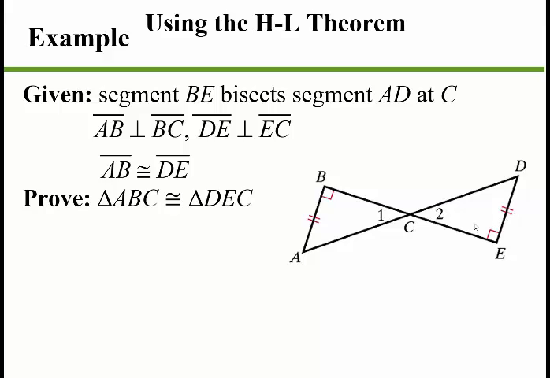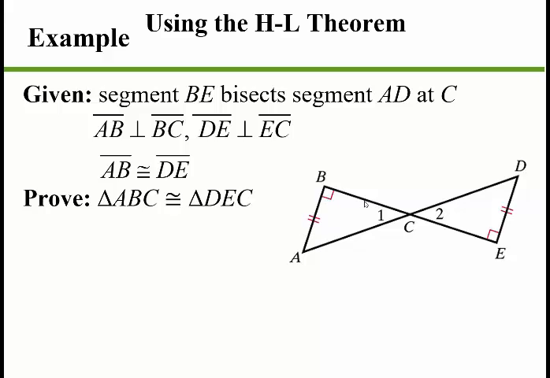What we want to do here is prove that triangle ABC is congruent to triangle DEC. What you can see here is you're ultimately going to want to use the hypotenuse-leg theorem. I've got 90-degree angles that are congruent, and I've got one leg. You might be thinking, well, I could do angle side angle or side angle side.